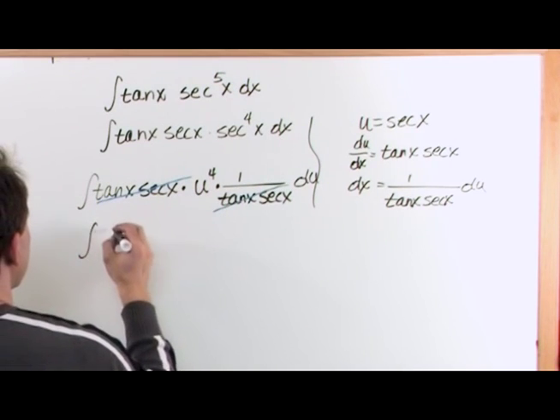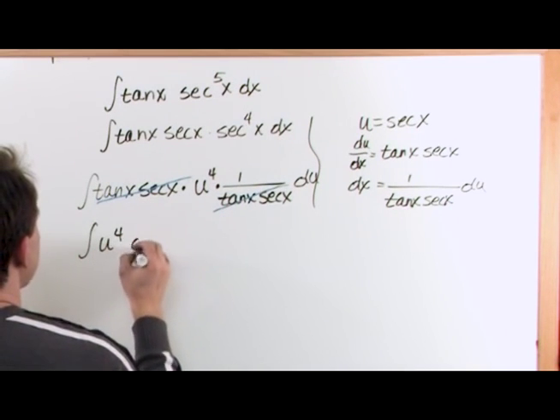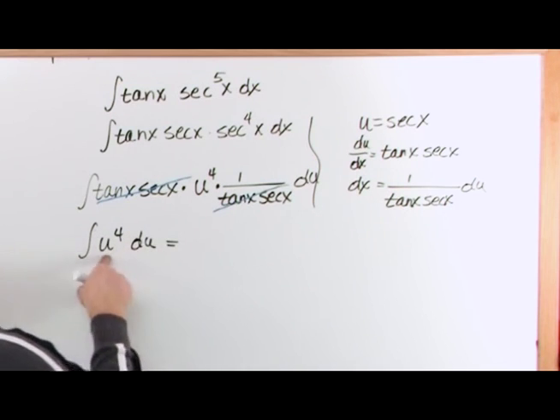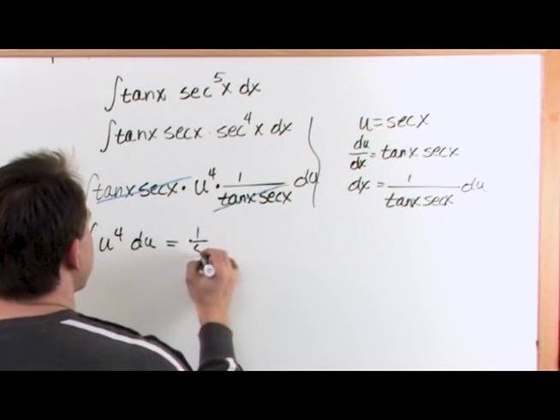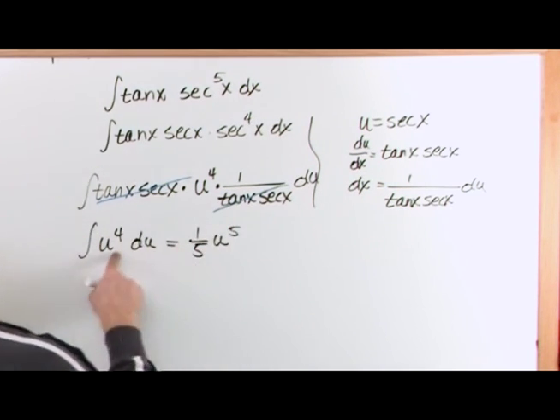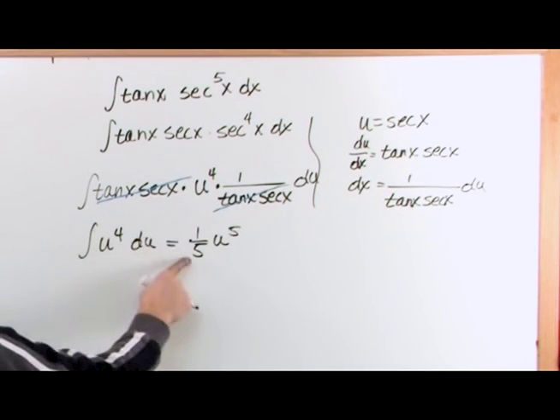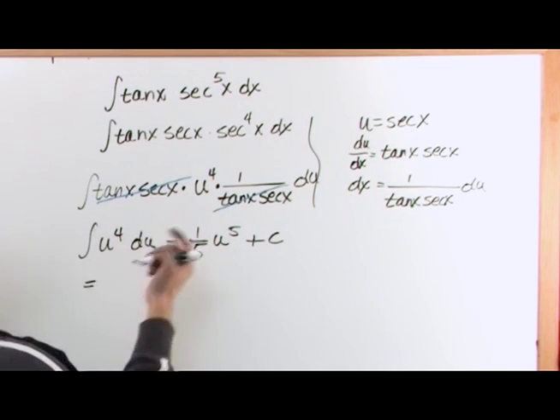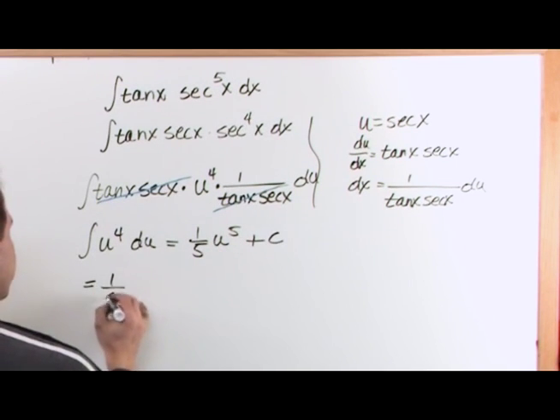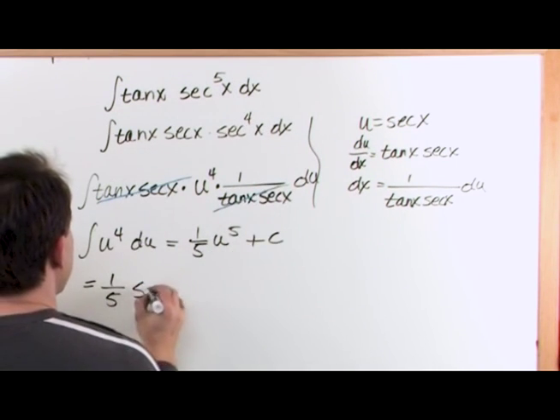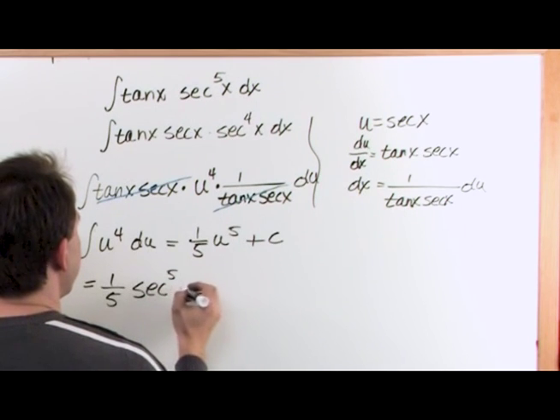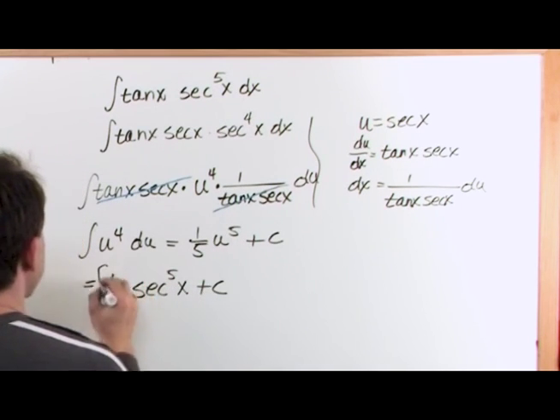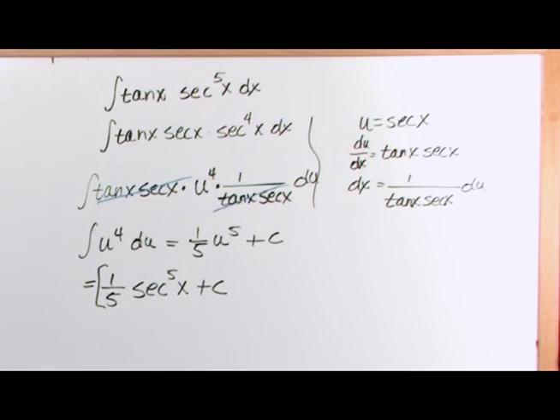So you'll be left with integral of u to the 4th power du, which is simply 1/5 u to the 5th power using your exponent rule, 1 over exponent plus 1, u to the exponent plus 1, plus a constant. And then we just substitute what we know u is. u is equal to secant, so it's secant to the 5th power x plus a constant. So the answer is 1/5 secant to the 5th power plus a constant.